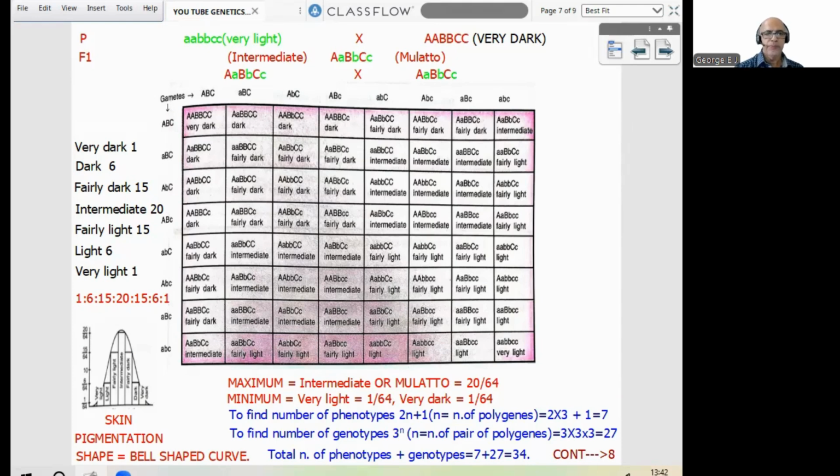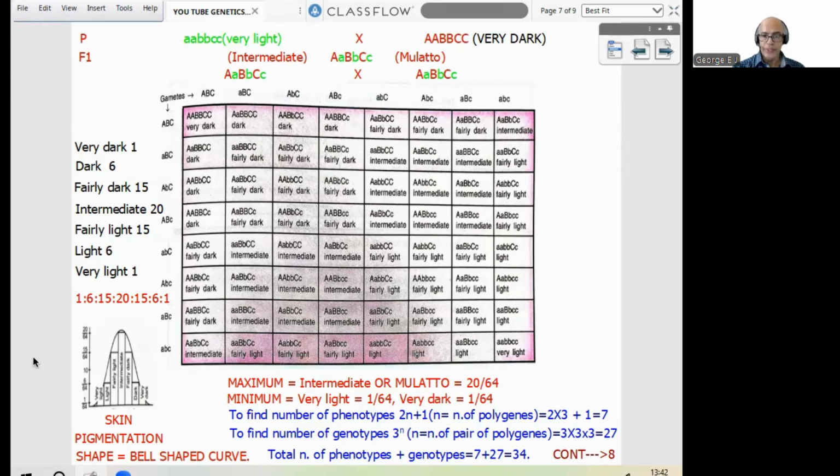The method I will tell you: if all genes are dominant, it is very dark. That is the first one you can find. When there are 5 dominants only, it will be dark. When there are 4 dominants, it is fairly dark. If it is 3 dominants, it is intermediate.